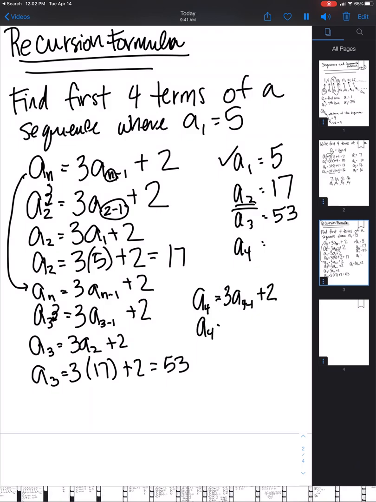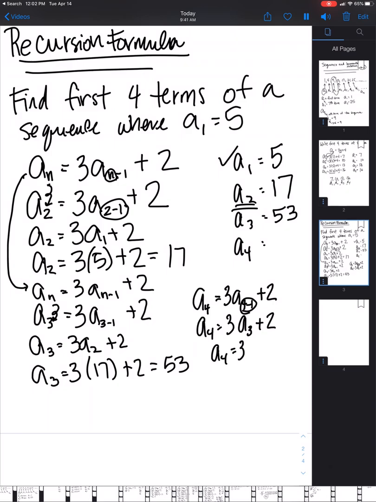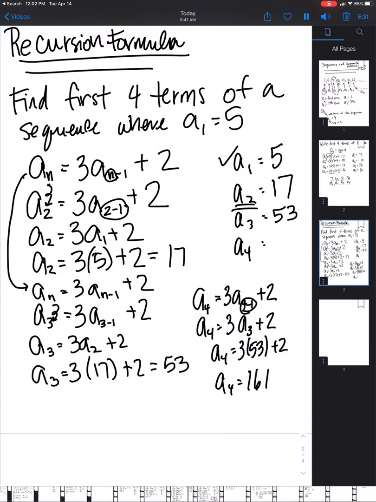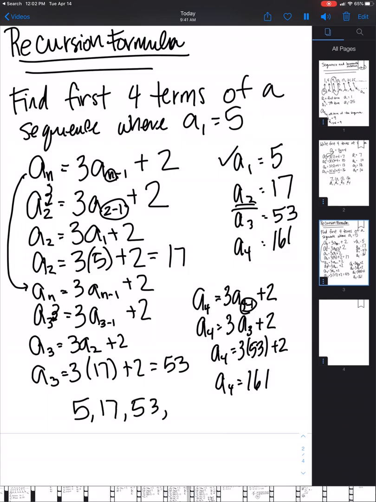So A4 equals 3 times A3, which is the third term, plus 2. So the fourth term equals 3 times the third term plus 2. That's going to give me 159 plus 2, so 161. So I found the first 4 terms: 5, 17, 53, 161.